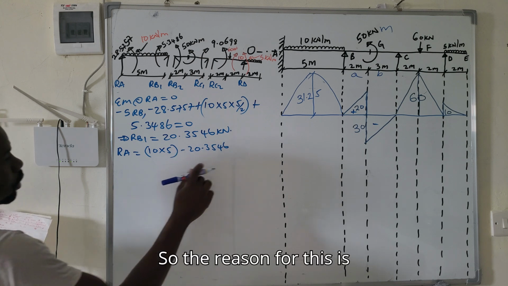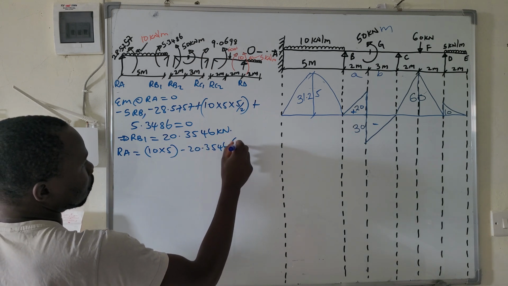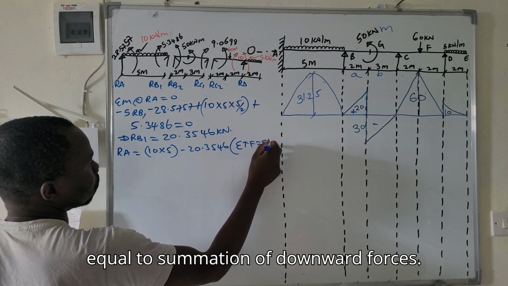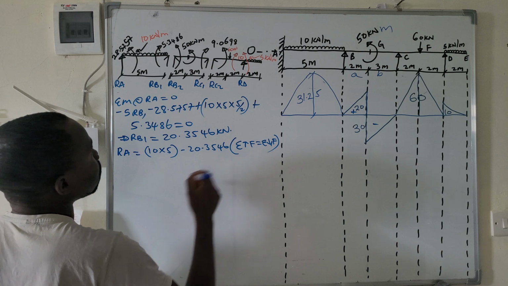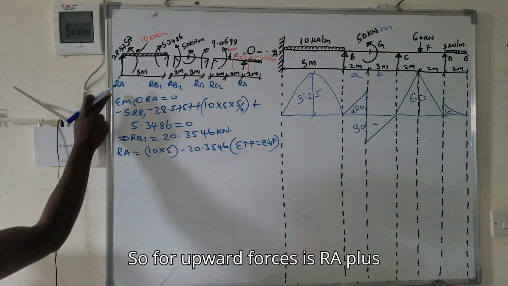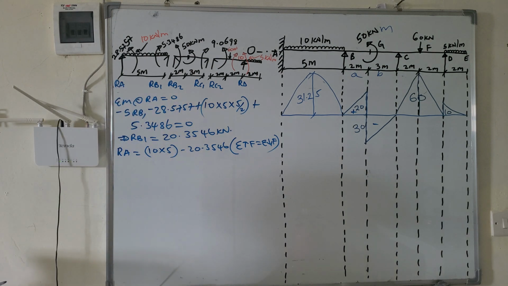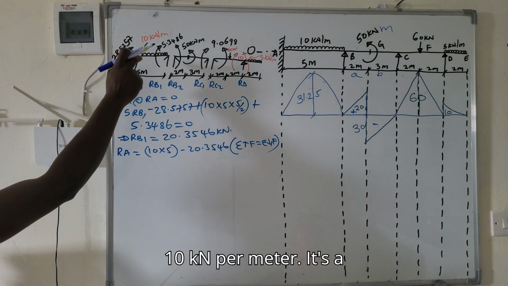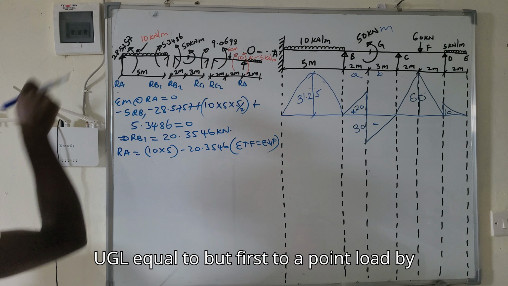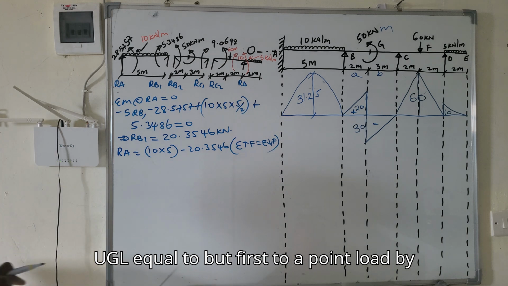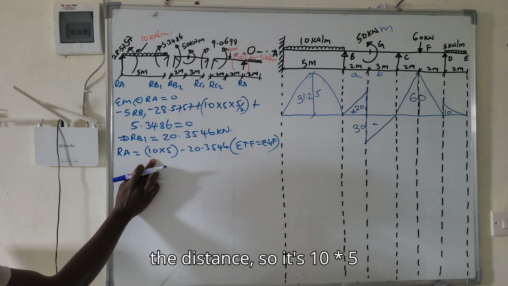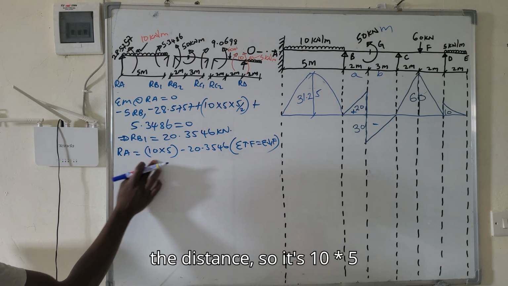The reason for this is summation of upward forces is equal to summation of downward forces. So for upward forces it is RA plus RB1, and then for downward forces it is 10 kilonewton per meter. It's a UDL. You convert first to a point load by multiplying that UDL by the distance, so it's 10 times 5.